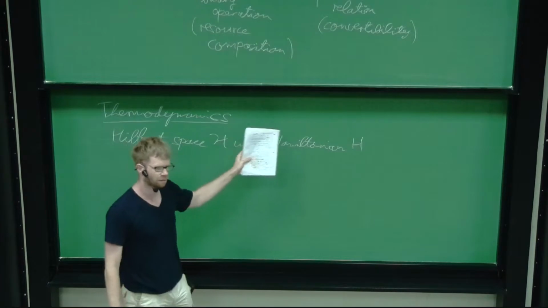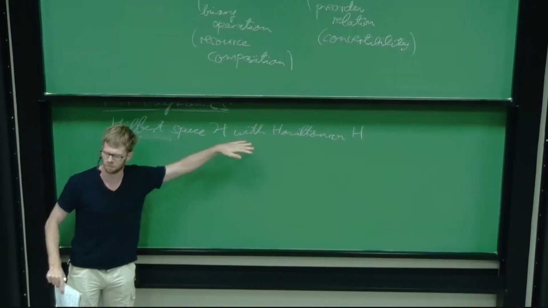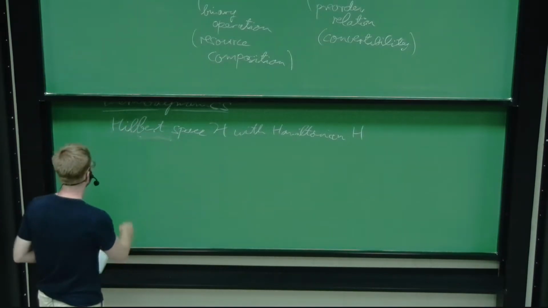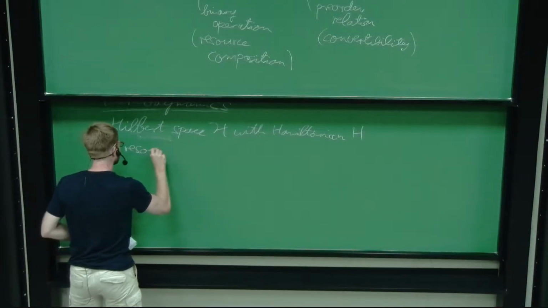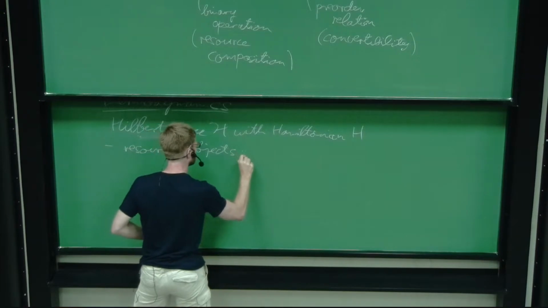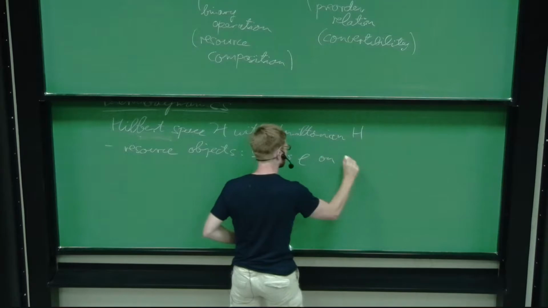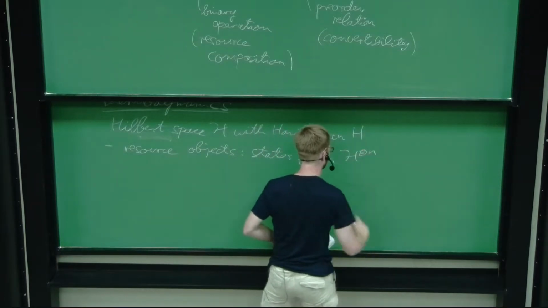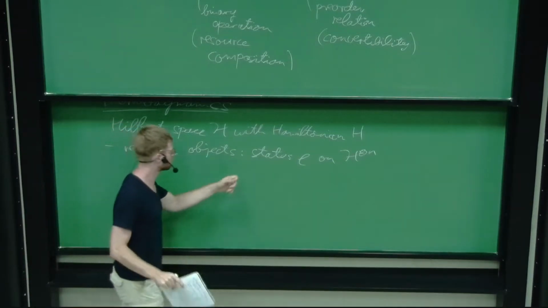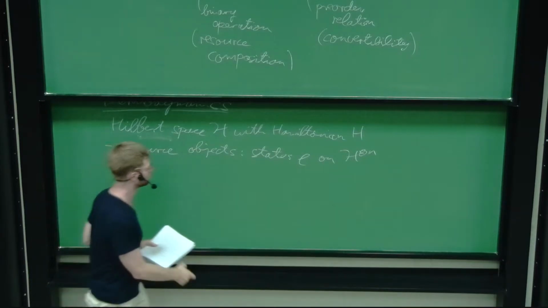Other people have then also generalized their results to other kinds of observables or more than one observable, but let me just stick with this case. Then the resource objects, which form the analog of the set A over there, are the states rho on a certain number of copies. So I take any number n of these systems, and I consider a state on this number of copies for some n.